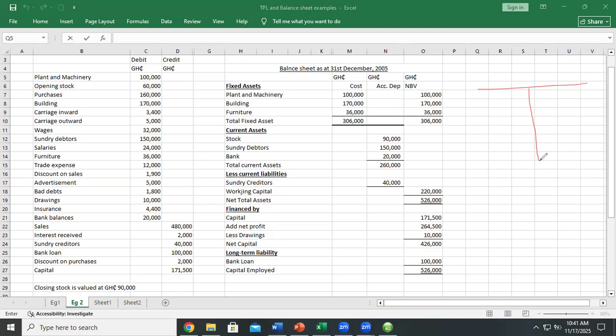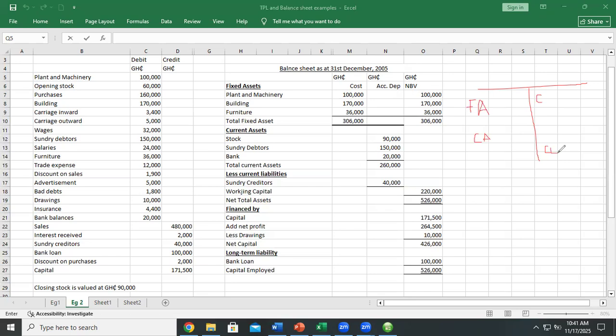So some people do this and then they put their fixed assets, and then they put their current assets here. And then on this side, they put the capital, add the net profit, less drawings, whatever, add the long-term liability and bring the current liability here.